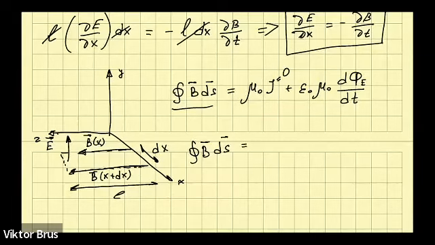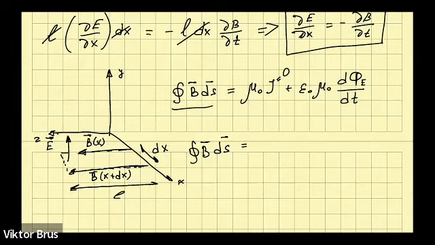So here is this integral of B dot ds vector. Also, we will have only contributions from the left and right sides of this rectangle, and the top and bottom sides will not contribute because of their perpendicular orientation with respect to the magnetic field vector.